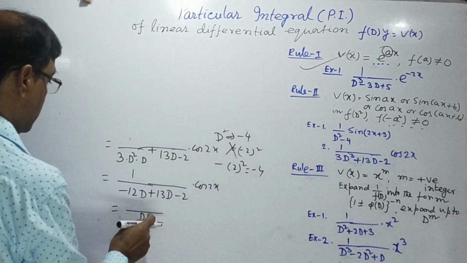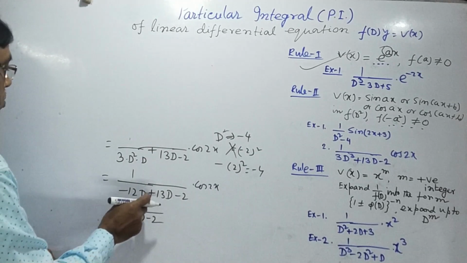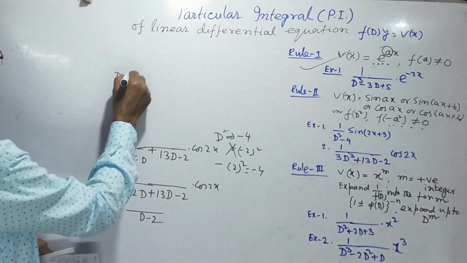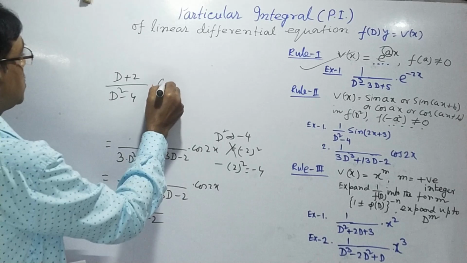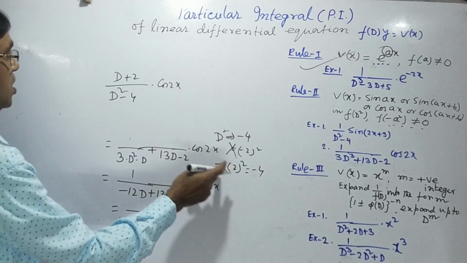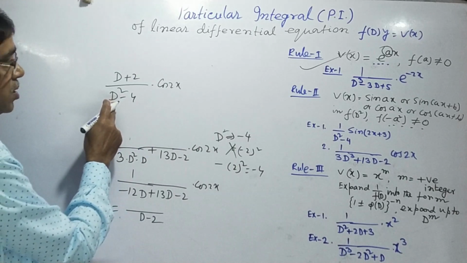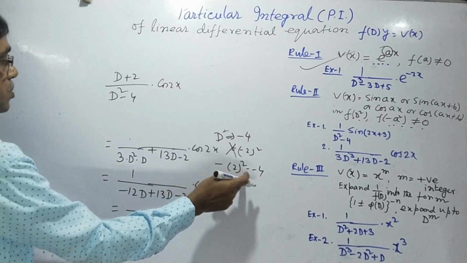Now in both numerator and denominator we will multiply by D plus 2, giving D square minus 4, into cos of 2x, because we will put only the value of D square in the function of D square, that is D square minus 4.